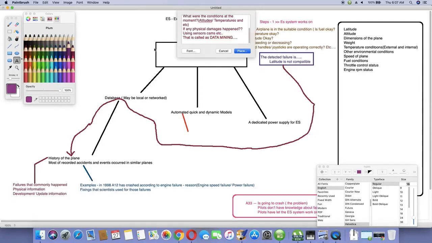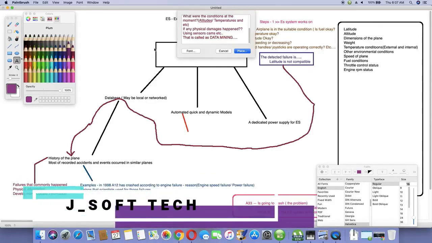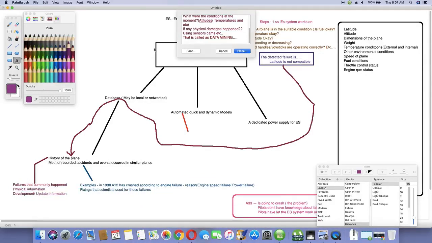So some kind of scientists have made some fixings and some development to prevent those accidents. So now ES wants to check also those fixings that were used by scientists.